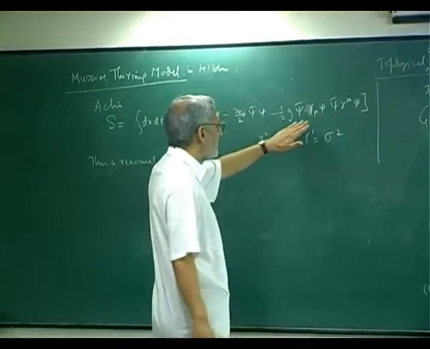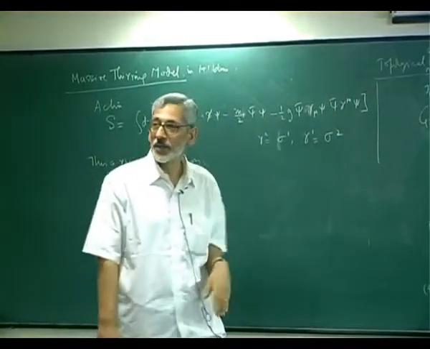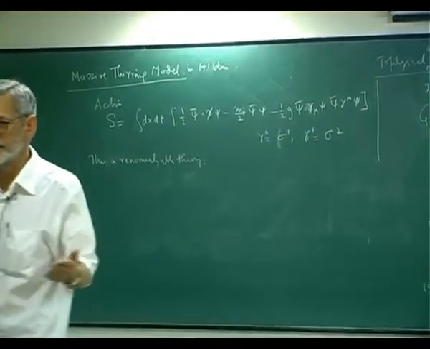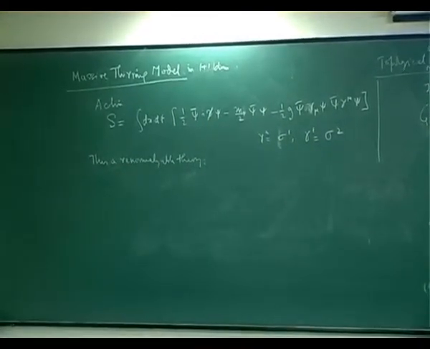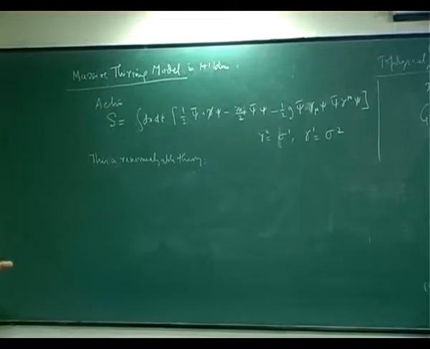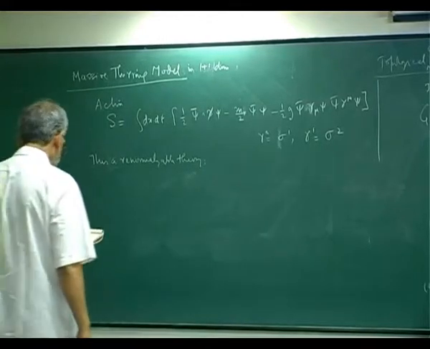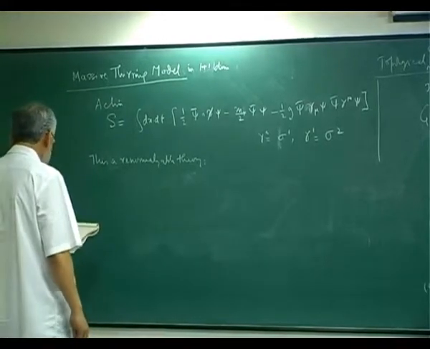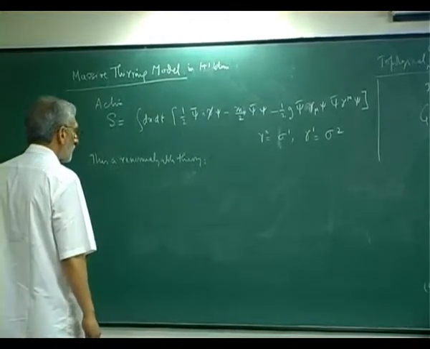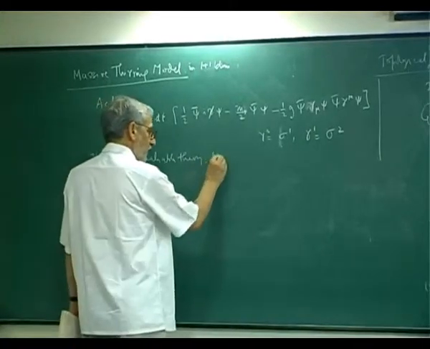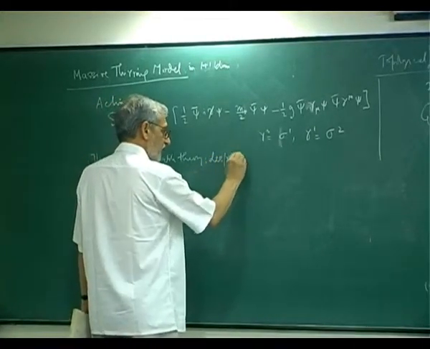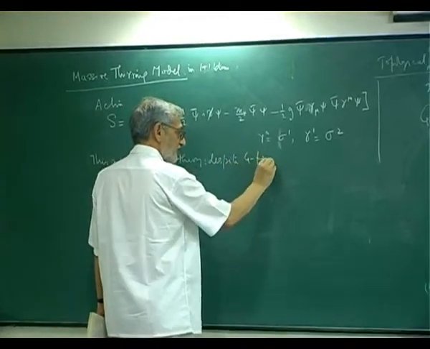But in 1 plus 1 dimensions they are well behaved. So renormalizable despite 4 fermion interaction.